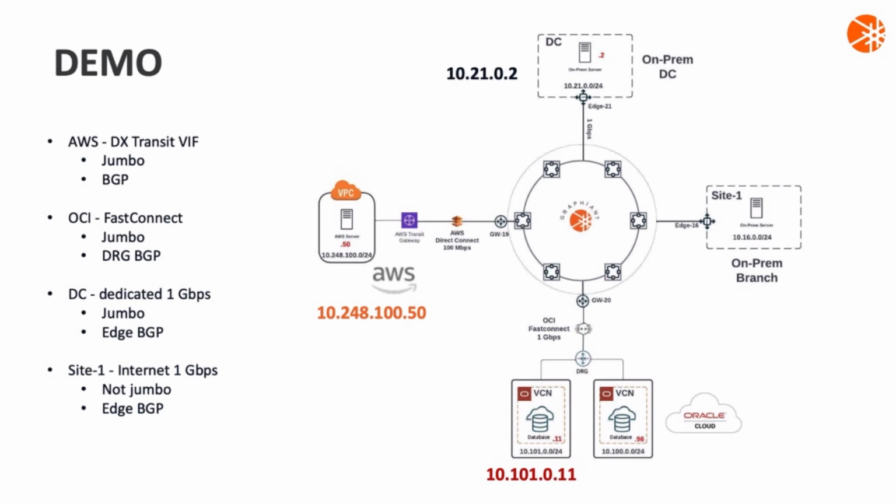The transit gateway does BGP integration with our gateway. And in OCI, there's a DRG, the dynamic routing gateway, and that's off of the FastConnect. And that also does BGP directly with our gateway. So that's the architecture. And on-prem, we have a data center edge that's also using BGP. So everything's BGP integrated, very high speed. This is how we can support jumbo frames from any to any location.